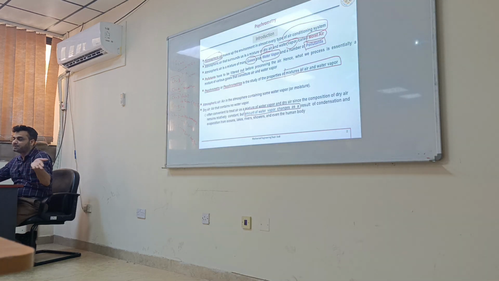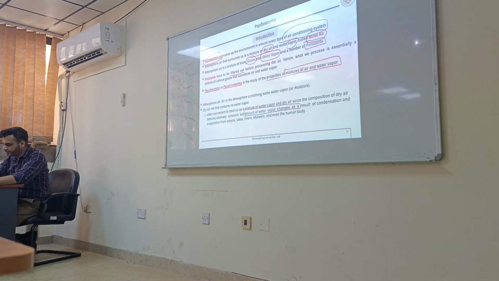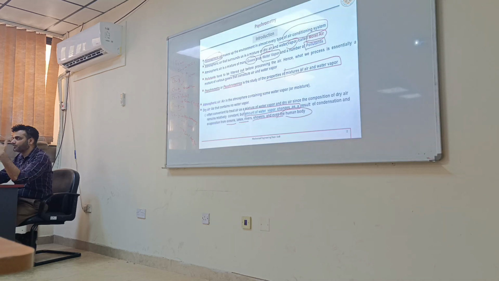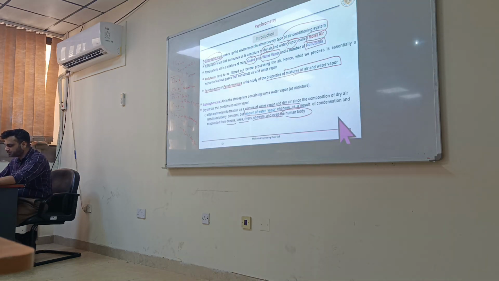But at the same time, water is evaporating into that air from different sources: oceans, lakes, rivers, showers, even our human body. We are adding water vapor in that air, not only from sweating, but also during breathing.